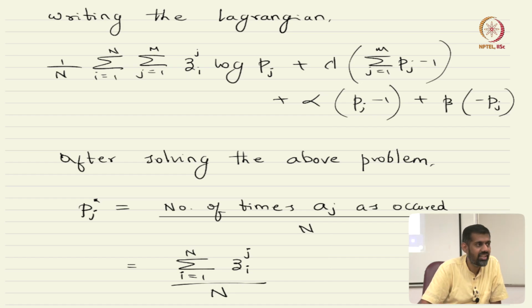It is the summation over i from 1 through n of Zij, divided by n. Is this correct? Please do the algebra, it will come out that way. You can see this here, there is Zij here, you differentiate and put it to 0, it will come out that way.